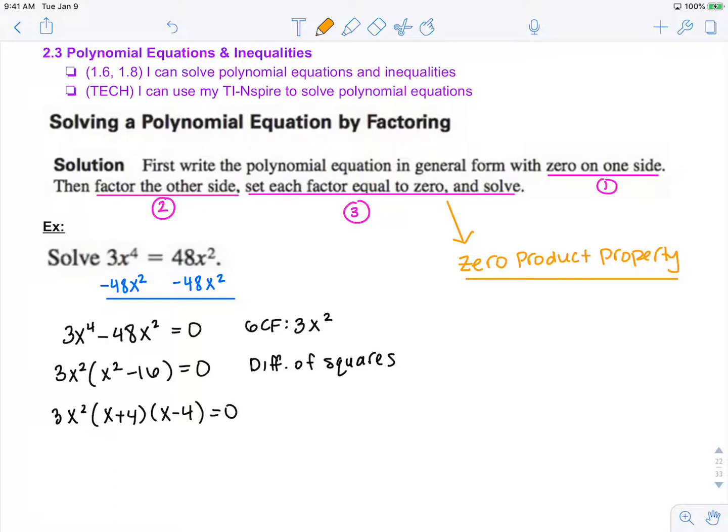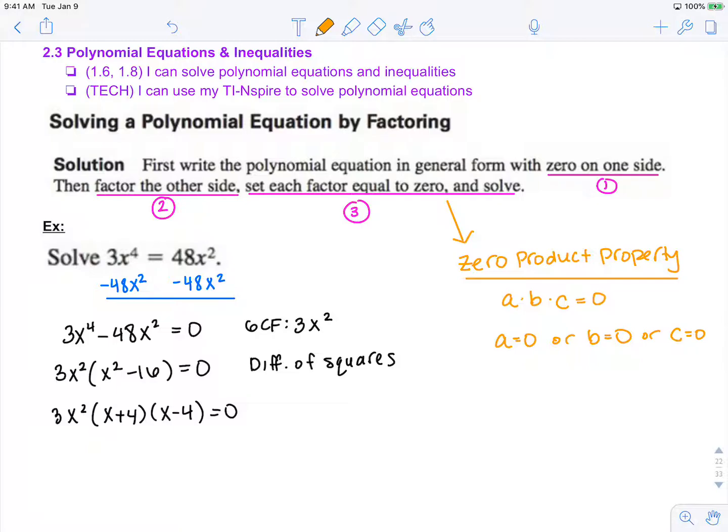What this property states is that if you have two or more factors multiplying and the answer is 0, that means that A is 0 or B is 0 or C is 0, right? Because if the product is 0, one or more of them has to be 0.